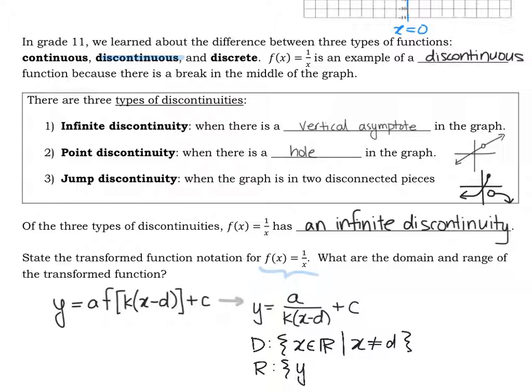And then our range is y is any real number except c, because c is our vertical translation up and down, which means our horizontal asymptote should also move up or down.